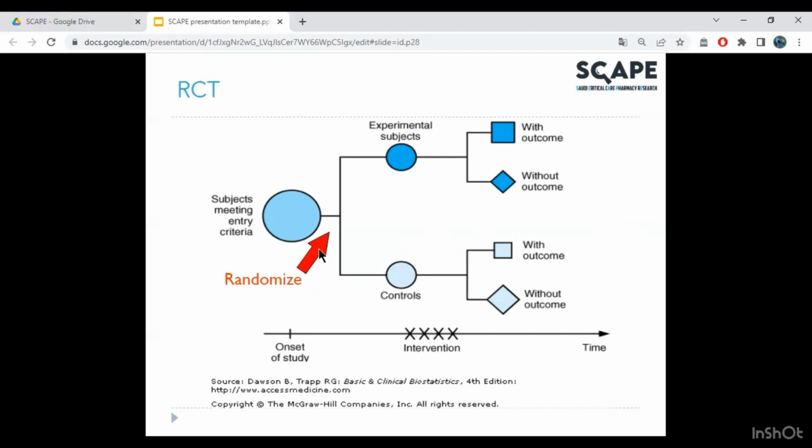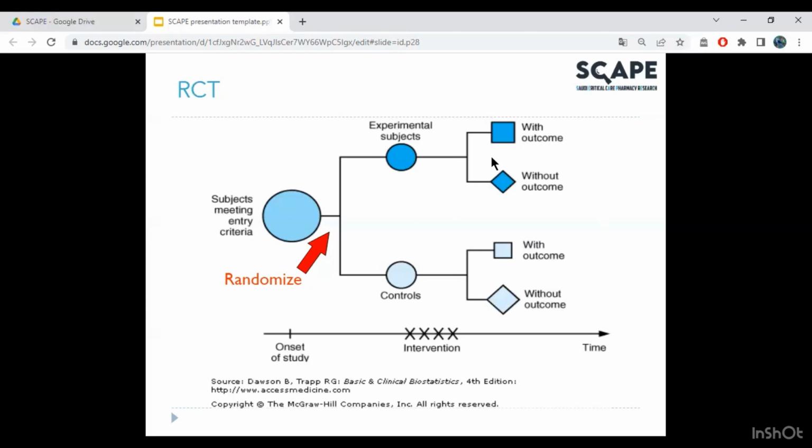Then we apply randomization at this point to allocate some of them to the experimental group and some to the control group. Now the control group might take different options: it might take placebo, standard of care, or not take anything, depending on the situation and the research intervention.